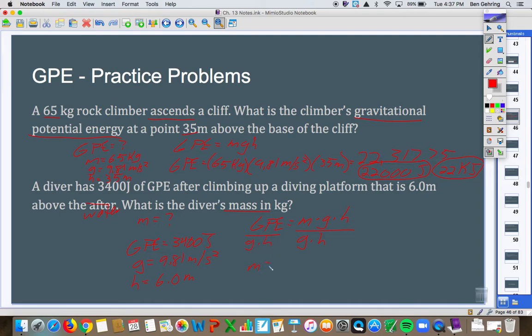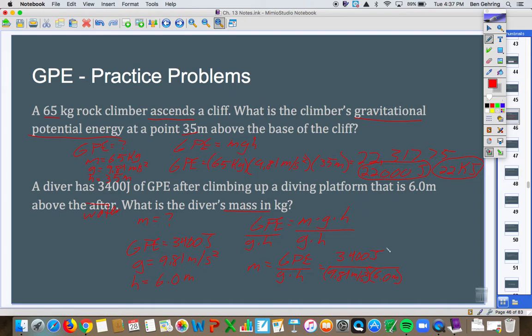So I get mass equals GPE divided by gravity times height, which means if I do numbers, I have 3,400 joules divided by gravity, which is 9.81 meters per second squared, and my height was 6.0 meters. So if I take 9.81 times 6, that gives me 58.86.